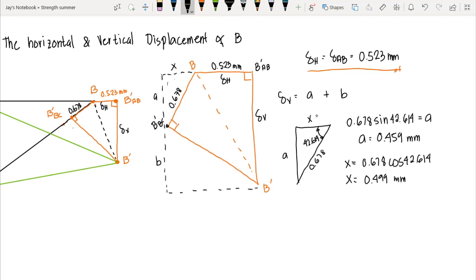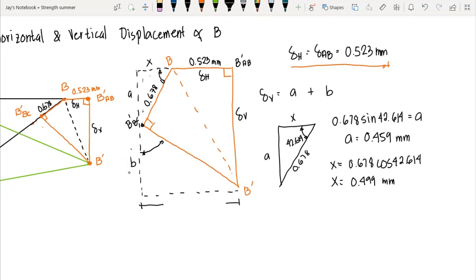Now, let's compute for B. To compute for B, we need to determine the angle at this point. Since we do not have other constants here, we don't have this length, and we also don't have this length. We can compute this entire length by summing up X and 0.523.